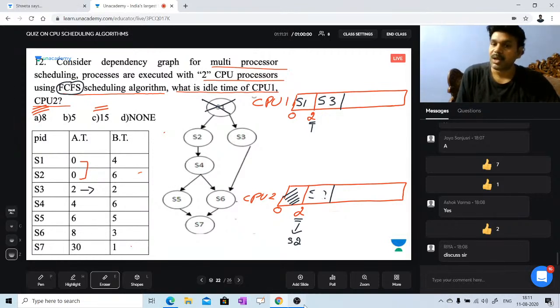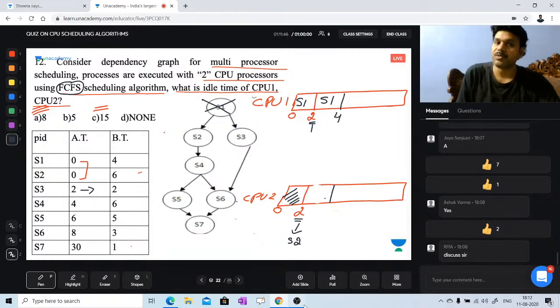So remove this S2 and remove this S3, because preemptions are not allowed. Still, I have to run S1 till completion for the next two more units. So now S1 is completed successfully and you can remove it from the queue.